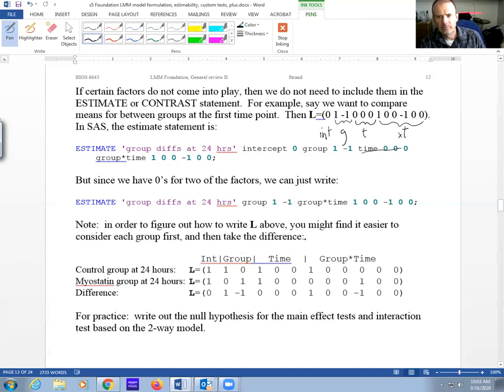This is for that specific data set. Then we have times 1, 2, and 3, and then the linear combination: C1, C2, C3, myostatin 1, myostatin 2, myostatin 3.